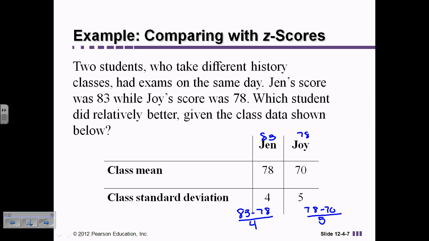So the 78 that you see here is the average score in Jen's class. It has nothing to do with Joy's grade. So the 83 minus the 78 divided by Jen's standard deviation, which is 4. And then Joy's class, you're going to take Joy's score minus the average in Joy's class, which is 70, and divided by 5.